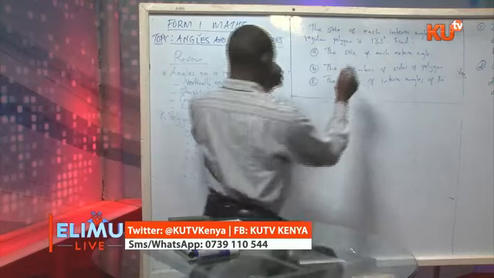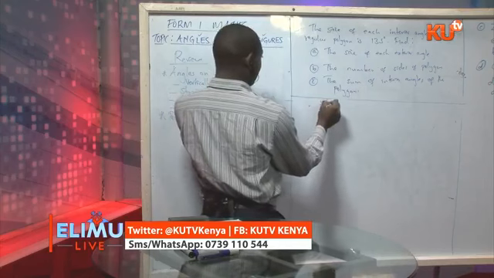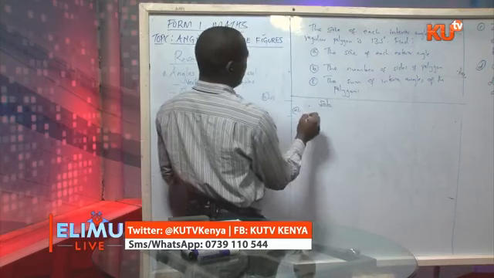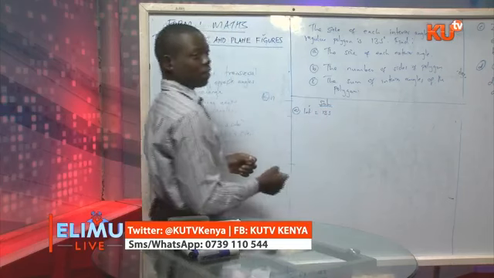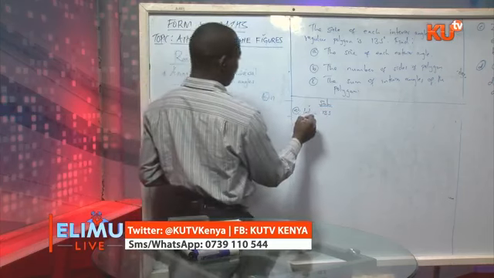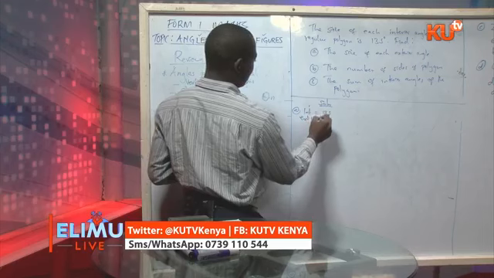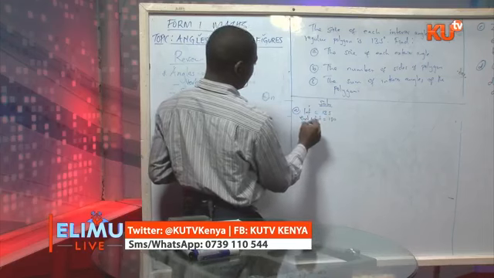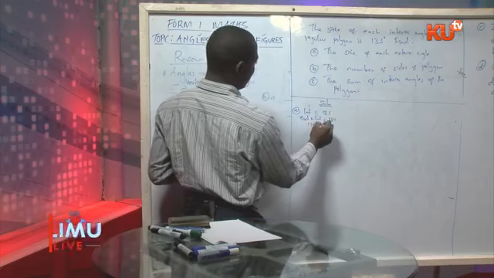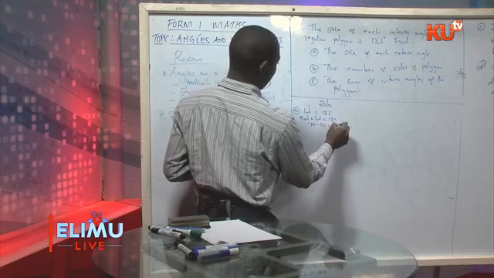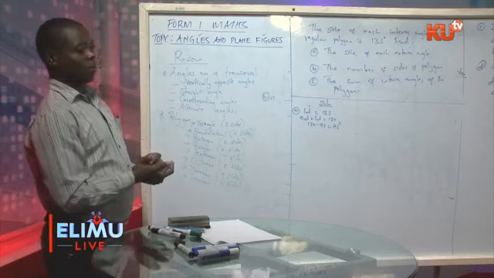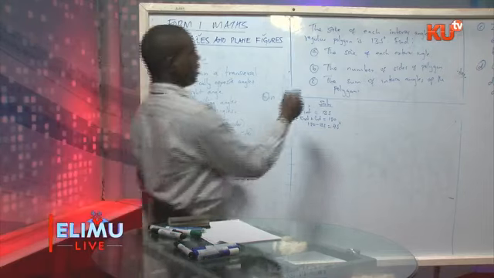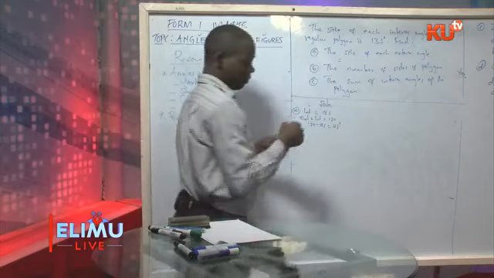Our interior angle is 135. To get the exterior is very simple. We say the exterior plus interior is 180. Therefore, take 180 less 135, and the answer is 45 degrees. That is the exterior angle. So part A, the solution here is 45 degrees.